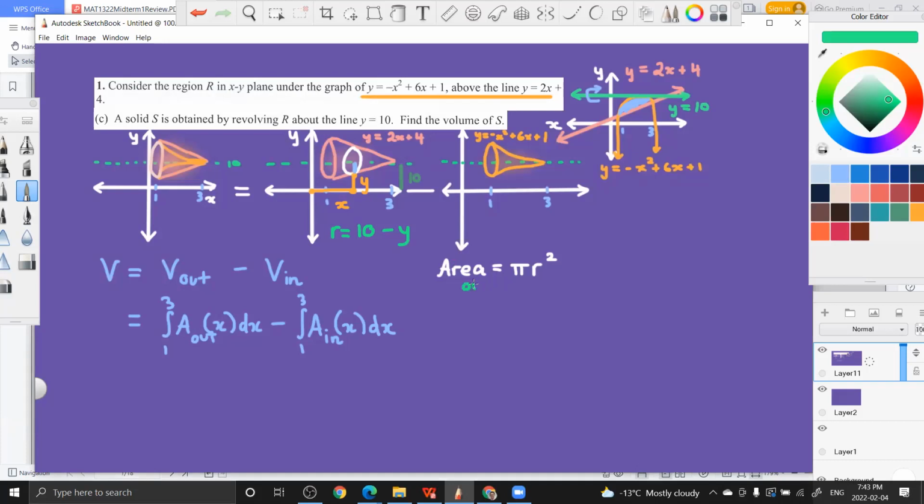So the area, let's find the area of the outer function first. That's equal to pi times (10 minus y) to the power of 2. Instead of writing the area, I'm going to write A of x out, because it's more accurate. So A x out is equal to pi times (100 minus 20y plus y squared).